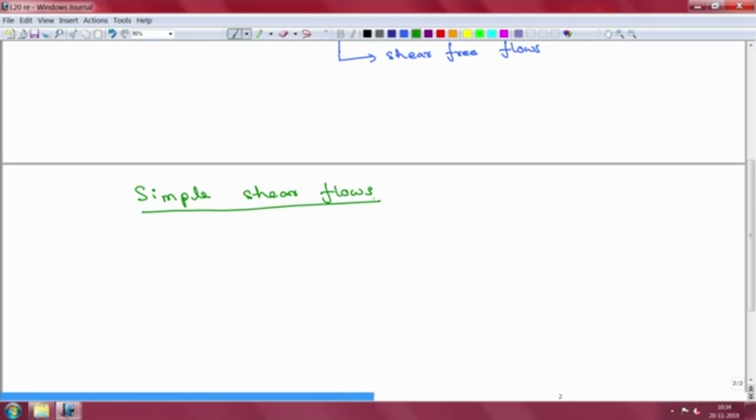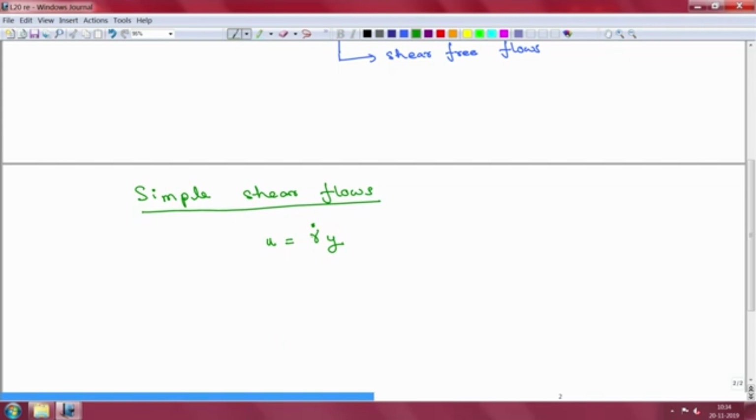A simple shear flow is such a flow where the velocity field is given by... you will have three components of velocity for any general flow. For a simple shear flow we say that the velocity u should be of the form gamma dot times y.